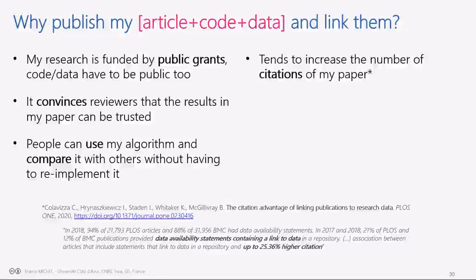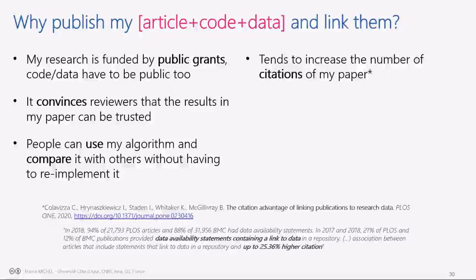They show in the corpus of articles that they studied that those papers with a data availability statement that contains a link, so you don't just say data are available, but you point to the data clearly, get up to 25 higher citations, I think two years later, something like that. So, okay, we can suppose it has an impact.